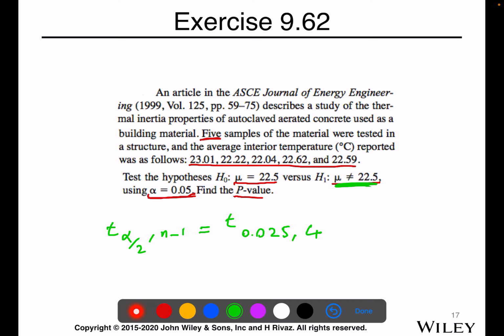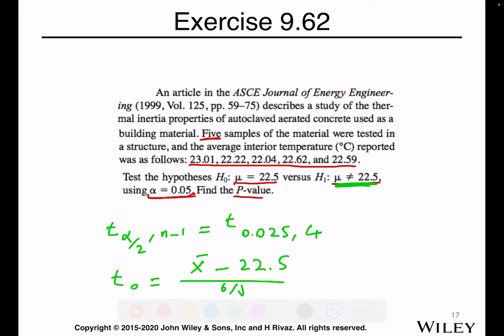Right, and our t0 will be, we have to calculate the mean of those values. So x bar minus 22.5 divided by sigma divided by square root of 5.